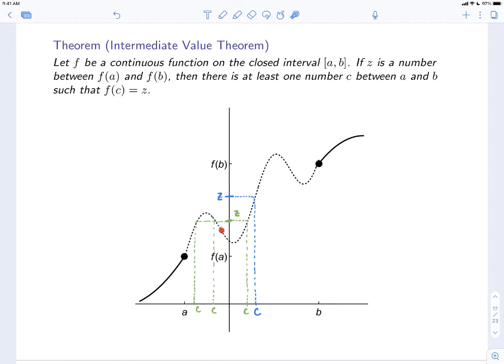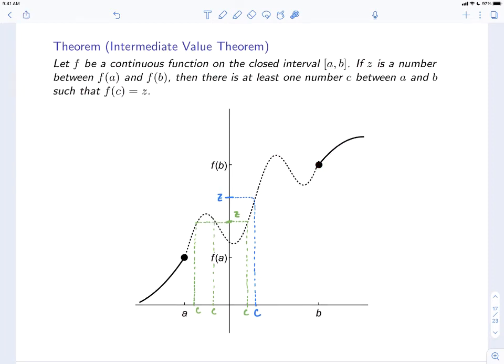What we've drawn in here is one possible way that they might connect, but they could connect in another way. But in order to get from the dot corresponding to a to the dot corresponding to b, the graph must pass through every possible output value between f of a and f of b.